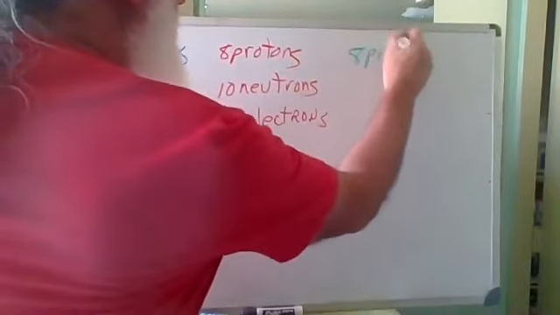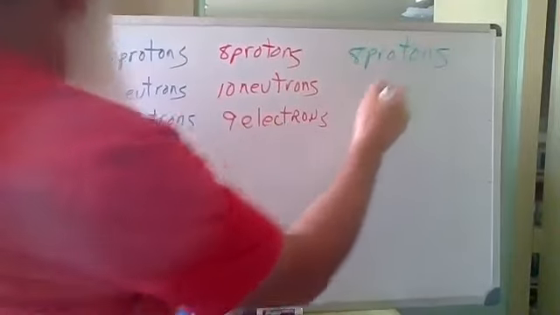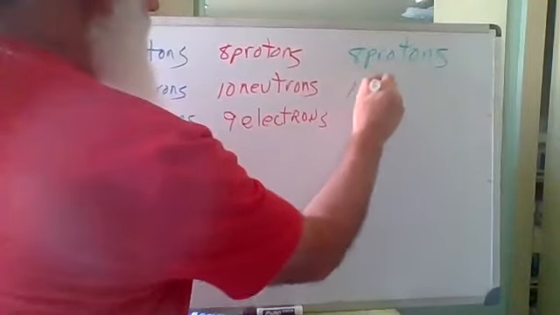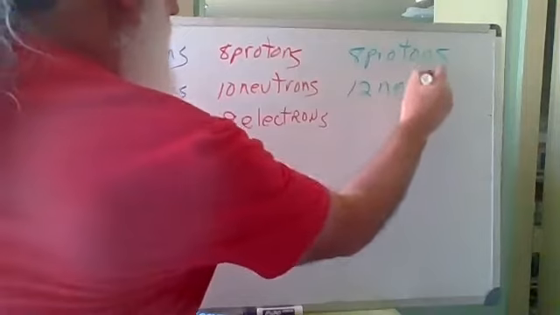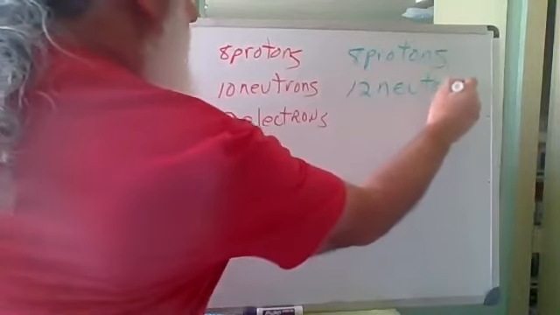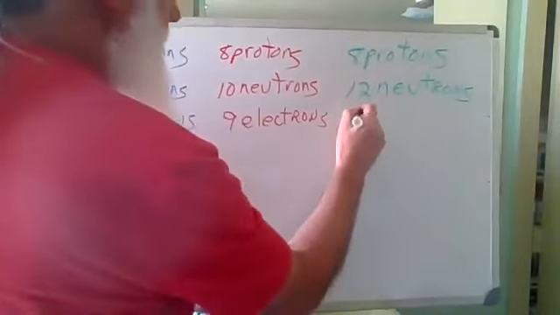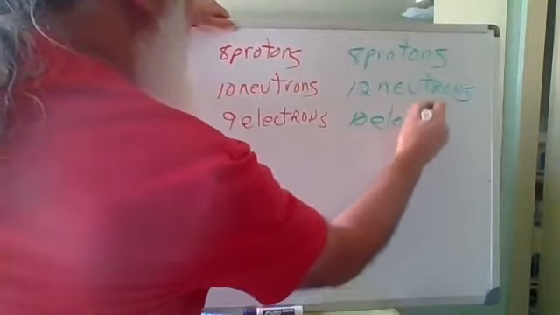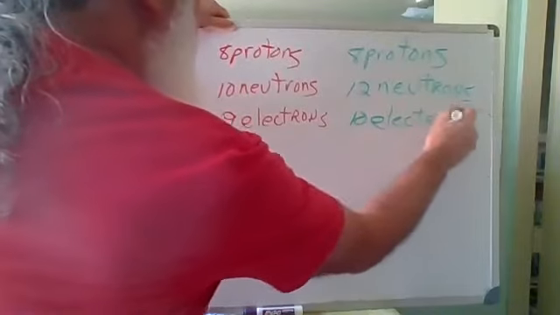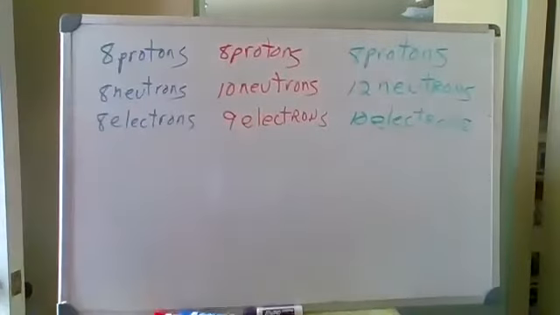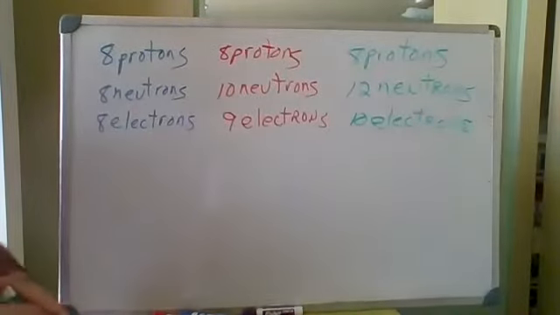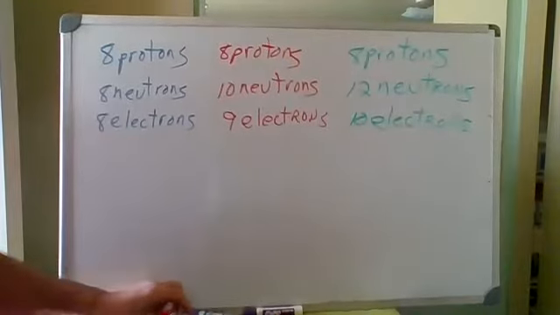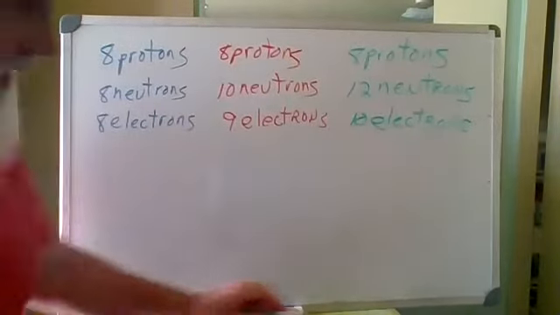And one more. Okay? So now we're pointing to that last atom, 8 protons, 12 neutrons, 10 electrons.